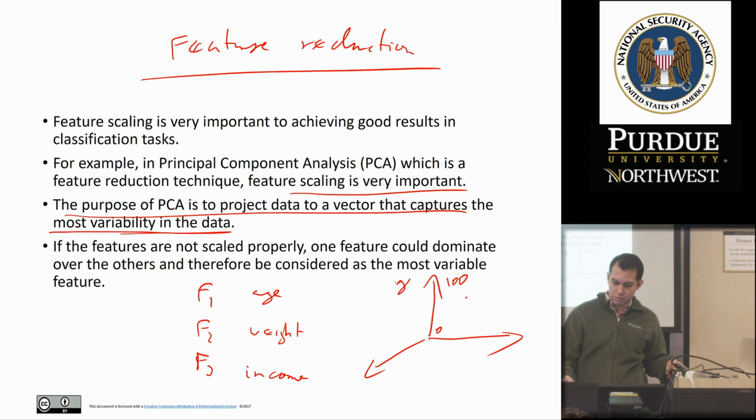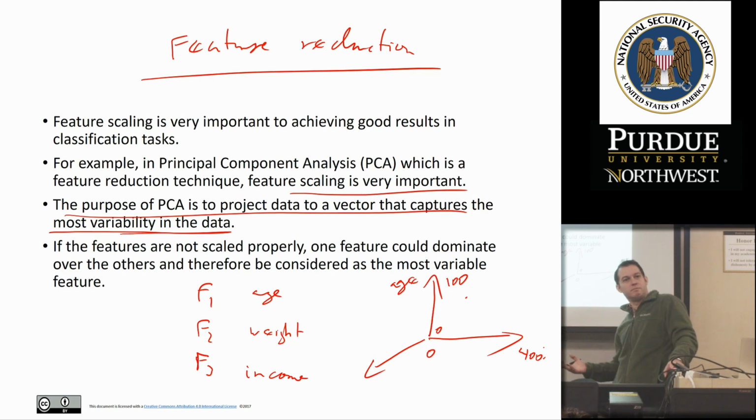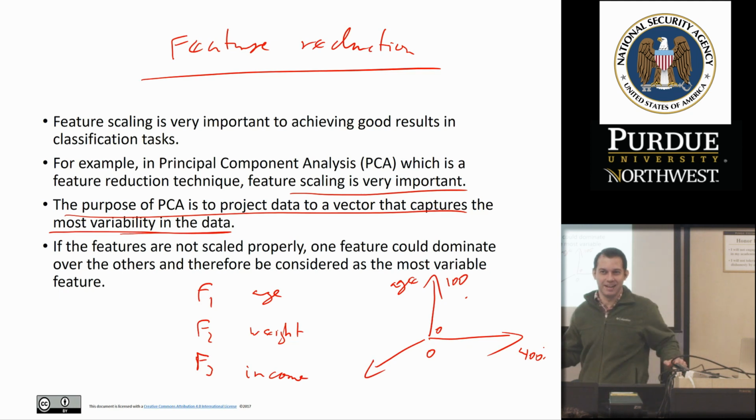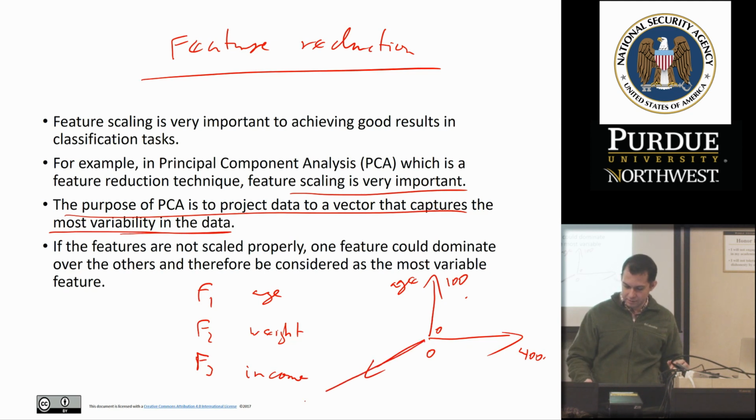And then weight goes from, let's say, also 0 to 400 pounds, right? But income goes from what? How much did Jeff Bezos make last year, right? Or whoever's making a lot of money, so $1 billion. See, there isn't even enough room for this axis, right? It's so big. So if we rescale this, it might turn up like that.